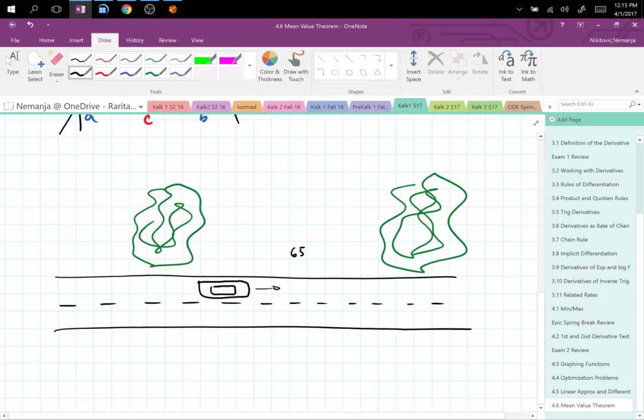It's 65 miles per hour. Actually, wait, I got that wrong. We'll go this way, right? Unless you're in London.